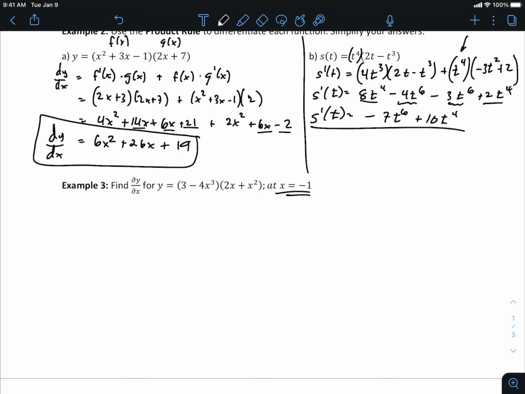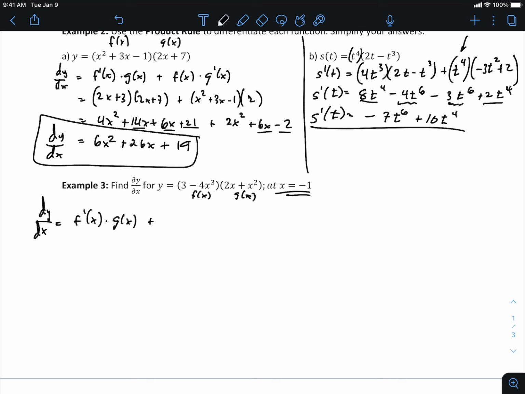So we're going to say, okay, well, dy dx is going to equal the derivative of the first one, f of x, right? Sometimes if you guys are doing this for the first time, it helps, and I remember doing this when I was doing this for the first time too. As we get more complicated questions, it's going to help you to write down product rule every single time that you do a question.